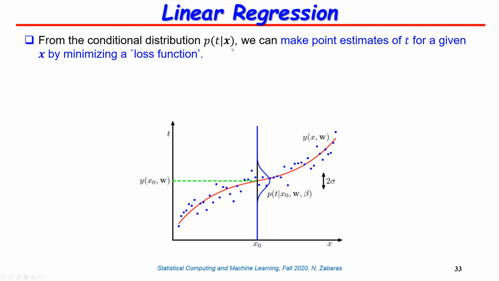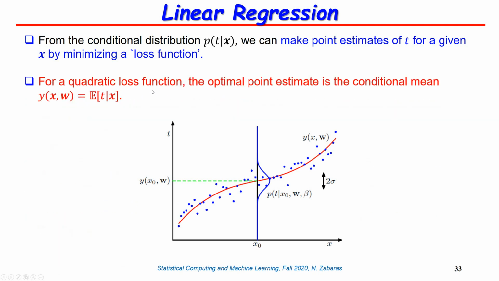Now, usually when you come up with point estimates in statistics, that always implies some loss function, and I remind you the appropriate loss function to get the posterior mean, which you see here as your regression function, is a quadratic loss function. What I mean is you try to minimize the error of y minus t squared.